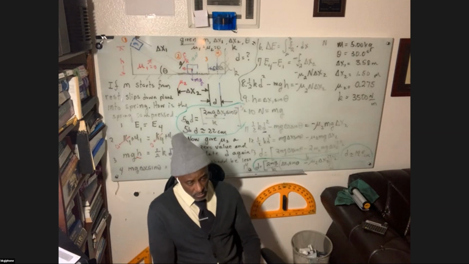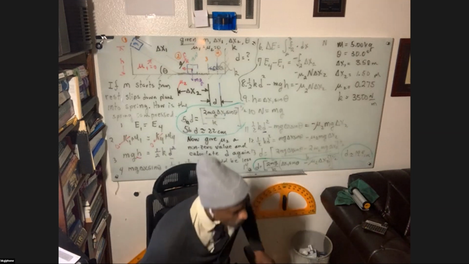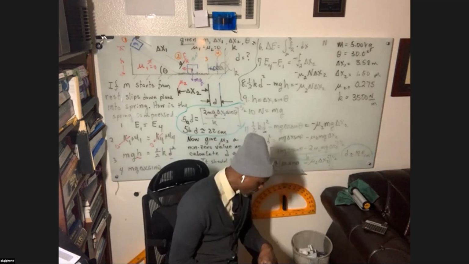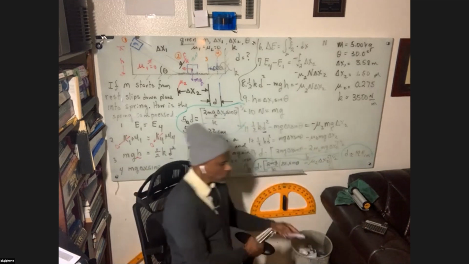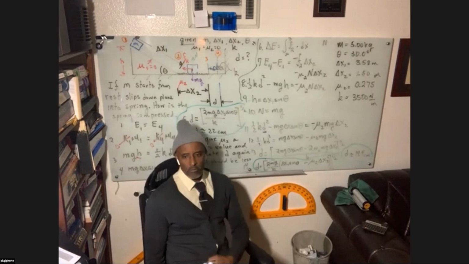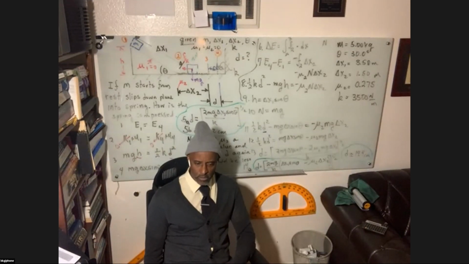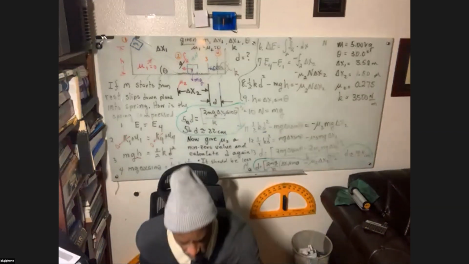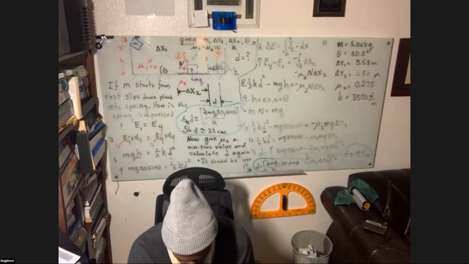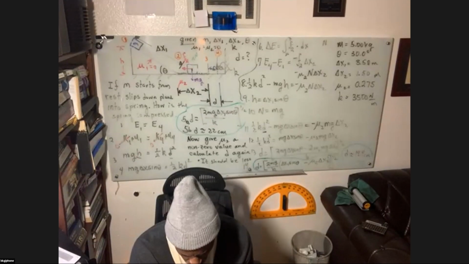Those are 3 big things: moment of inertia, center of mass, and collisions. Wait, is that in there? No, I'm confused. What is chapter 7? Let's take a look at your book real quick. Then I'll let you go.